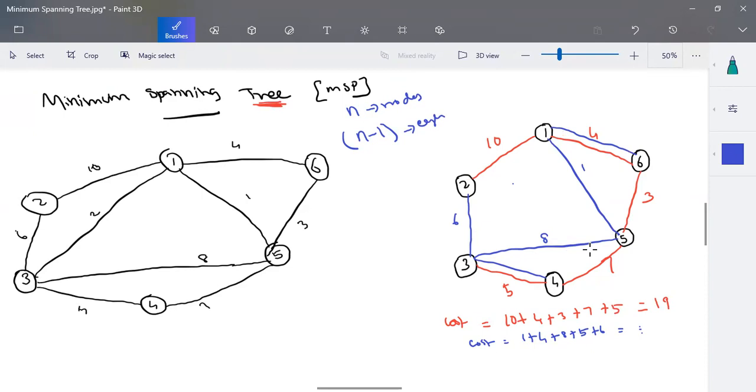So to find a minimum spanning tree for the given graph, we have to consider the number of nodes and find n minus 1 edges with the minimal cost.